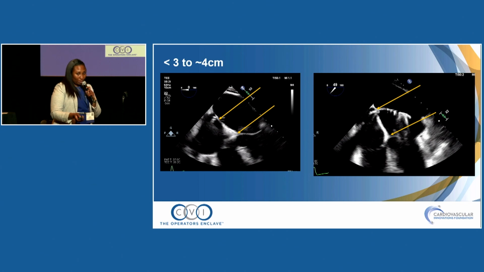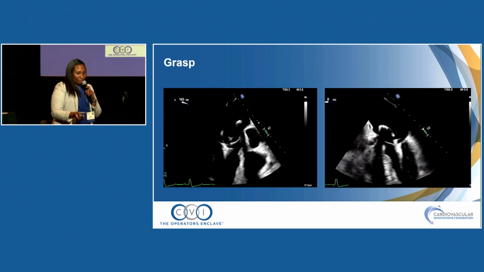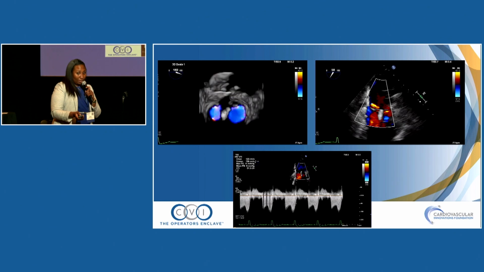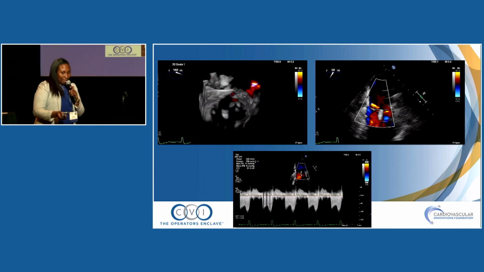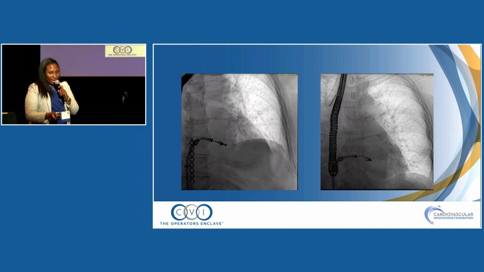And so we took this height that was about 2.8, corrected the aorta hugger. This was one grasp, and done. Mitral regurgitation eliminated, gradient of about 6.